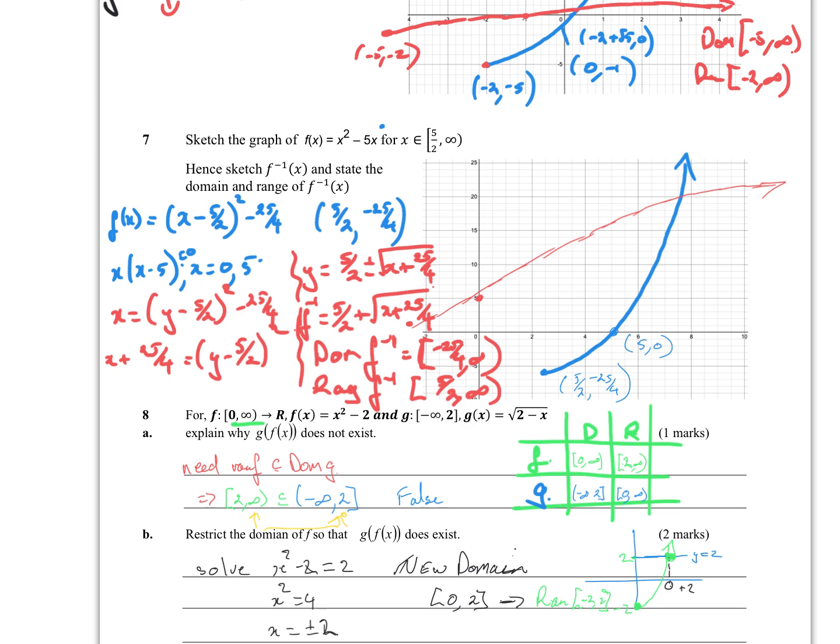So there's the composite function, and the new domain is the one we just discovered, which is 0 to 2.